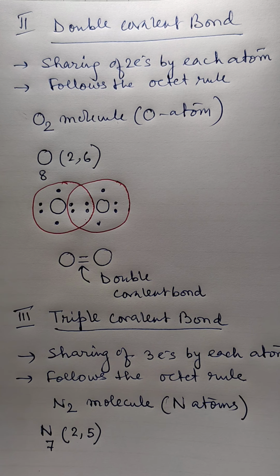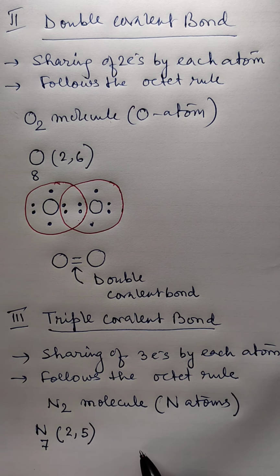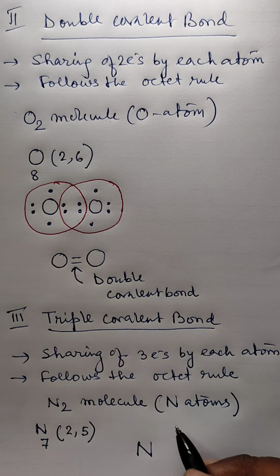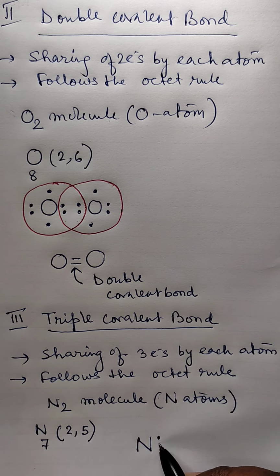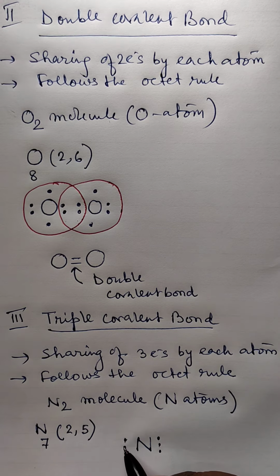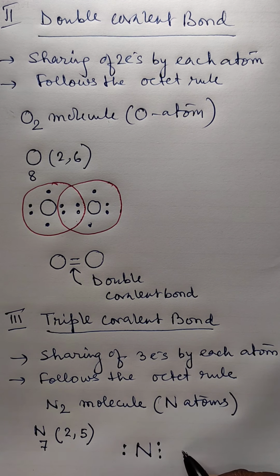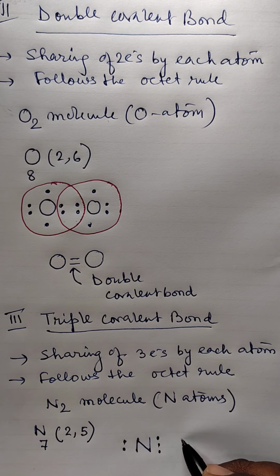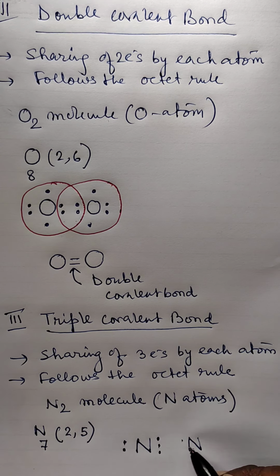So what is happening? See, here I am drawing the diagram of nitrogen. Each of the nitrogen, I should say, has 5. We draw another nitrogen that is also having 5.